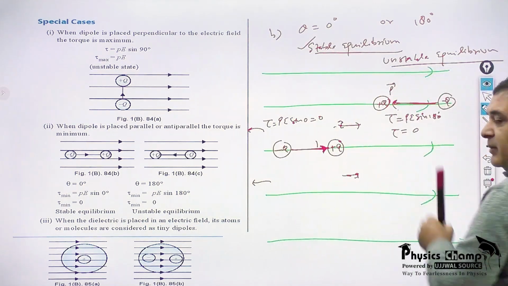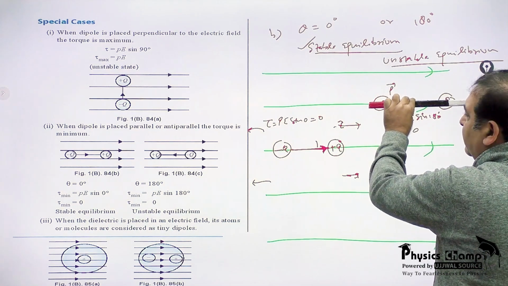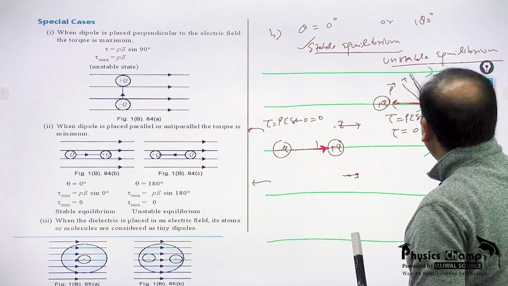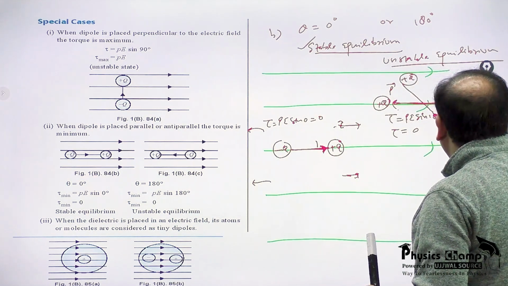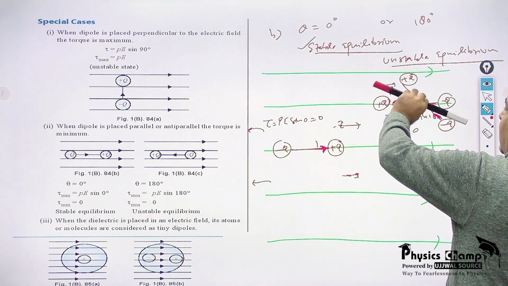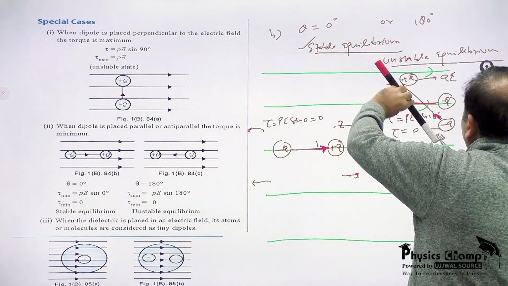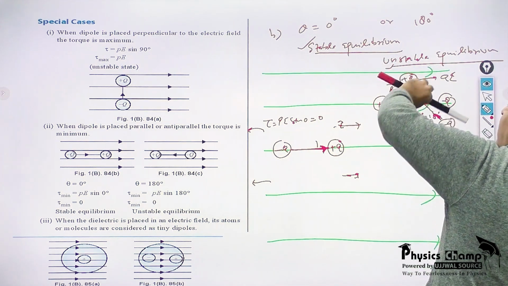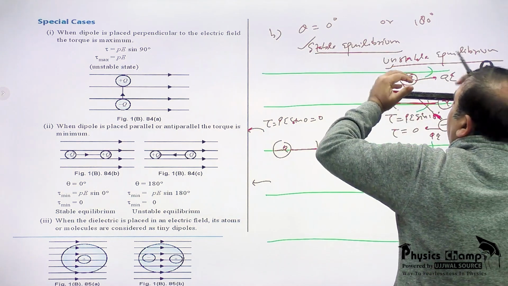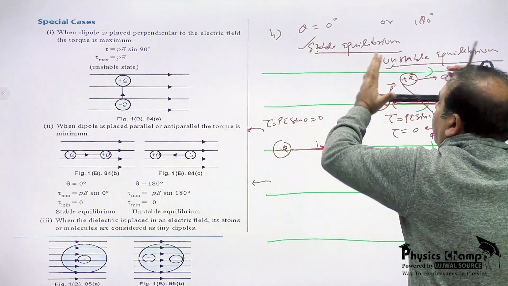Now let's take here. You have Q here and minus Q here. Now you just displace it a bit from here, plus Q and minus Q. From this position, you just displace it a bit. QE will act here, QE will act here, and it will further disturb it. So it may be in equilibrium under the two forces, two repulsive forces like this. Both are pushing inward, that's why it is in equilibrium.